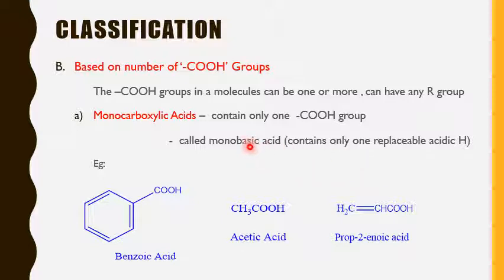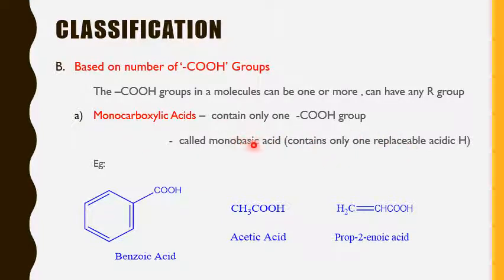So the base contains OH. Since one base can be neutralized with this acid, which can give one H plus, these are also called monobasic acids. So remember, they are called monobasic and of course monocarboxylic.